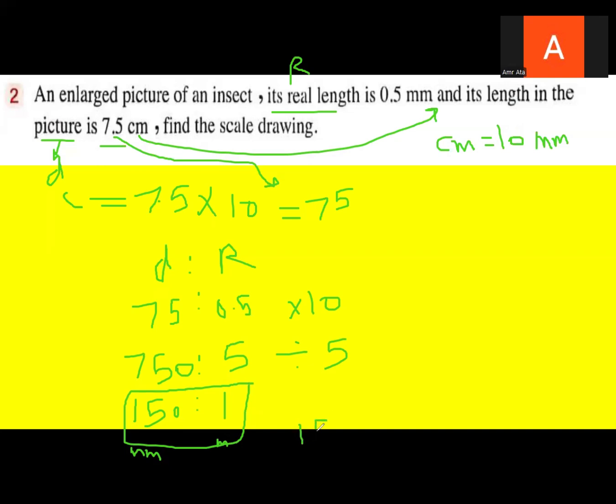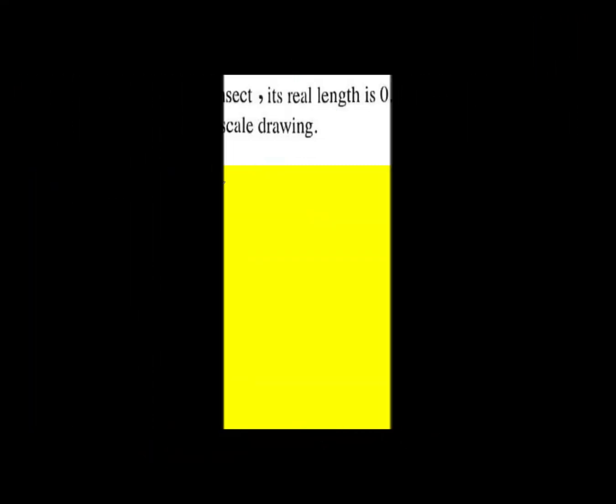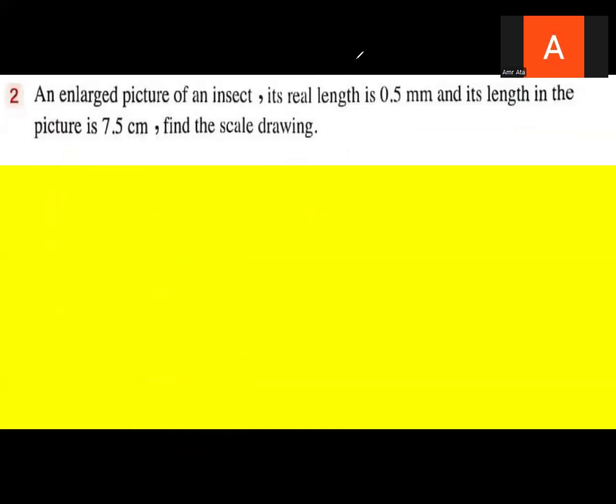Each 150 millimeter, or each 15 centimeter, in the draw represents 1 millimeter in the real. Okay? Okay.